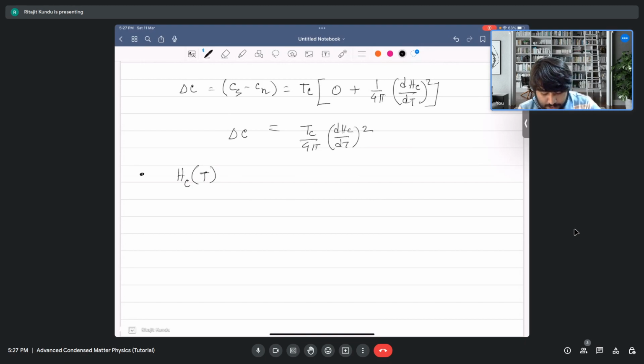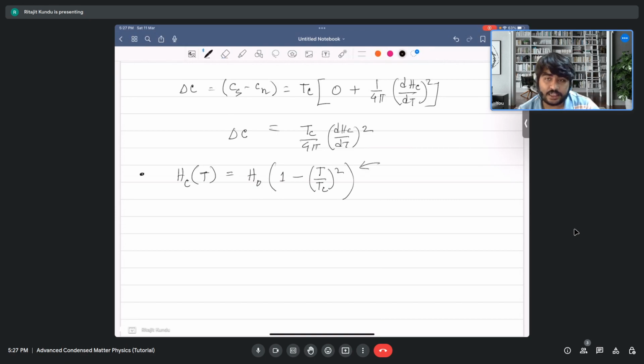Hc near this transition is given by H0 times (1 minus T by Tc) whole square. I think you have been asked to prove this in one of the assignments. So let me start with this.